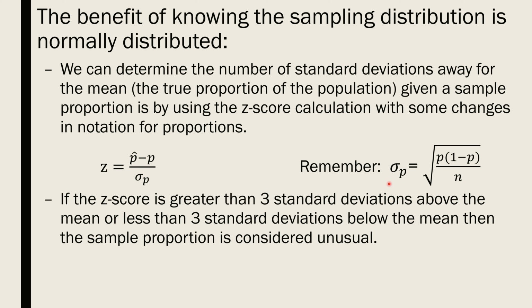Remember that sigma p should be calculated as the square root of p times 1 minus p divided by n. If the z-score is greater than 3 standard deviations above the mean, or 3 standard deviations below the mean, then the sample proportion is considered unusual. So 3 standard deviations above the mean means we have a positive z-score larger than 3, or 3 standard deviations below the mean means we have a negative z-score less than negative 3.